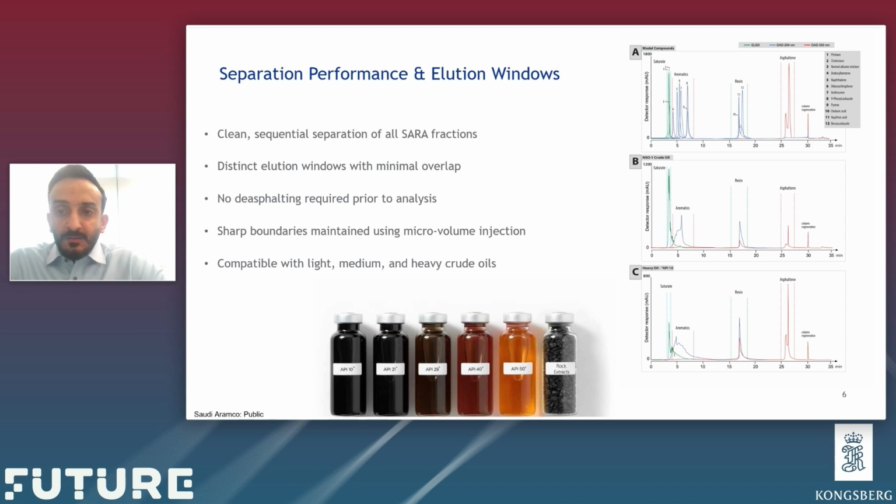And then the resin, which you see also in blue, and it elutes halfway through the run. And lastly, the asphaltenes in red elute at about 25 minutes. After the asphaltenes, we see a small peak, and this is the column regeneration peak. And so the entire run finishes in about 35 minutes, which is a record-breaking time in SARA analysis.